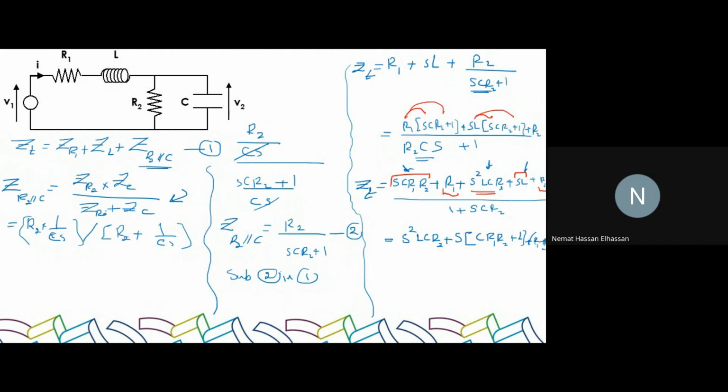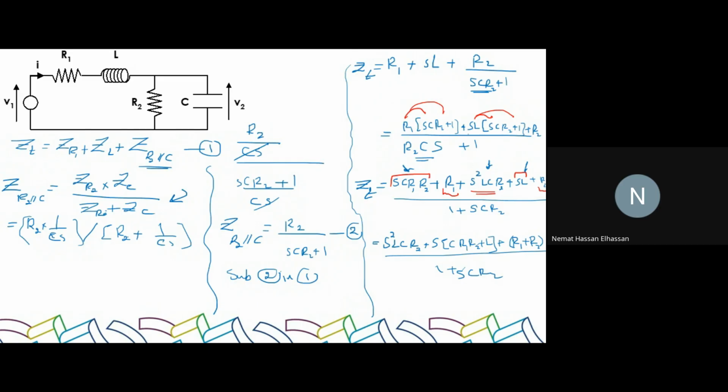Let's rewrite them. I give myself some space for proper writing. So we have S squared LCR2 plus S times CR1R2 plus L. Finally, we have the constants, which are R1 plus R2, all divided by 1 plus SCR2.